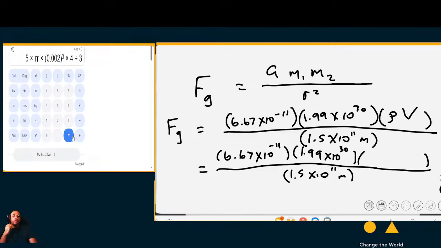So that should be, which gives us an answer of 1.67 times 10 to the negative 7. Okay, so there we have this value, 1.67 times 10 to the negative 7. Okay, let's clear that. And let's do this then. Now let's calculate.